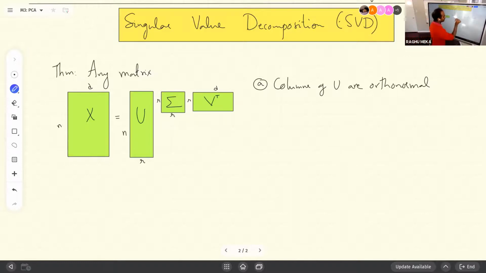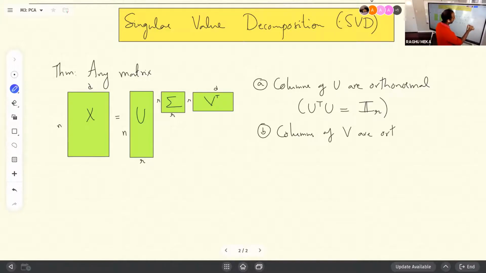In other words, if you actually write it out, U transpose U would be the identity matrix in R dimensions. So if I look at U transpose U, which is like this wide matrix times its transpose, then I'll get the R by R identity matrix. And the next condition is the same for V. The columns of V are orthonormal.